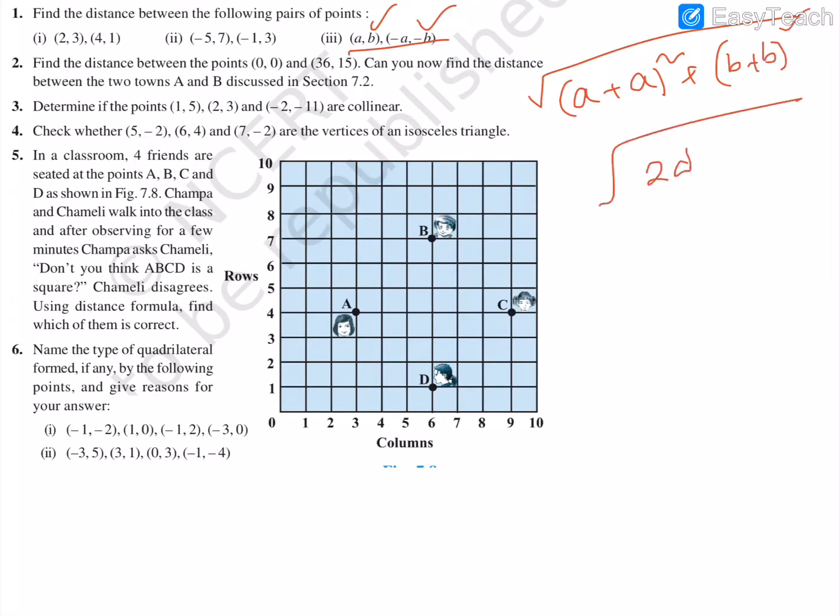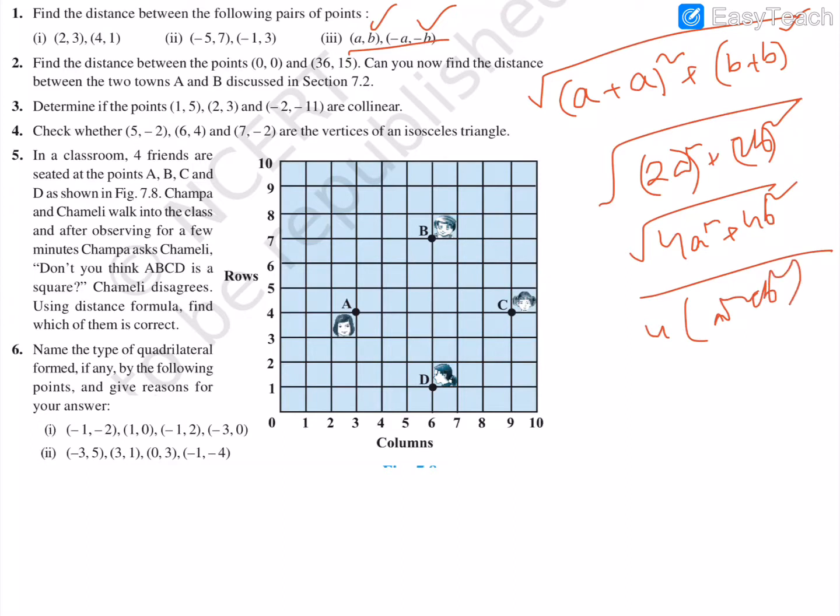So root of (2A) square plus (2B) square, of course, that is 4A square plus 4B square. Here we can simplify, or even take 4 as common and write root 4 is 2 and root of A square plus B square. This way also you can write.